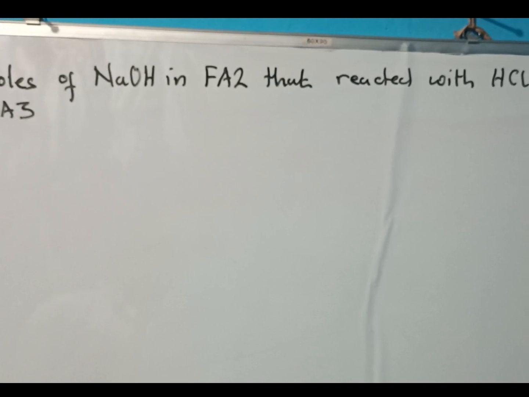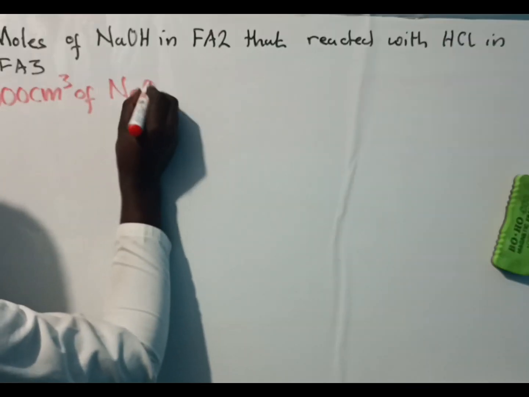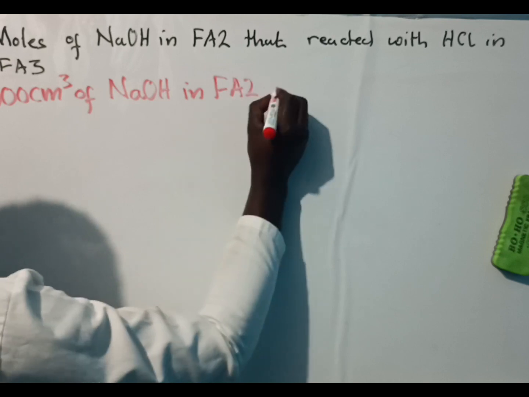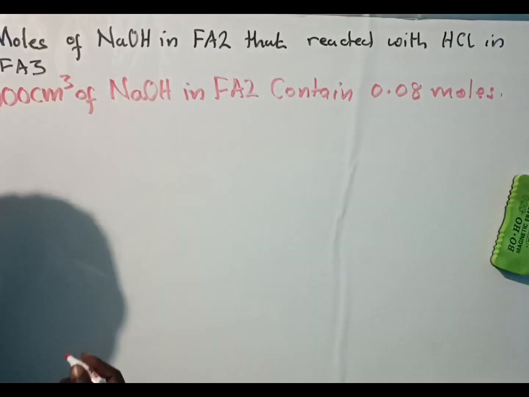Okay, let us start by calculating the number of moles of sodium hydroxide in Fa2 that reacted with hydrochloric acid in Fa3. 1,000 cubic centimeters of sodium hydroxide in Fa2 contains 0.08 moles.